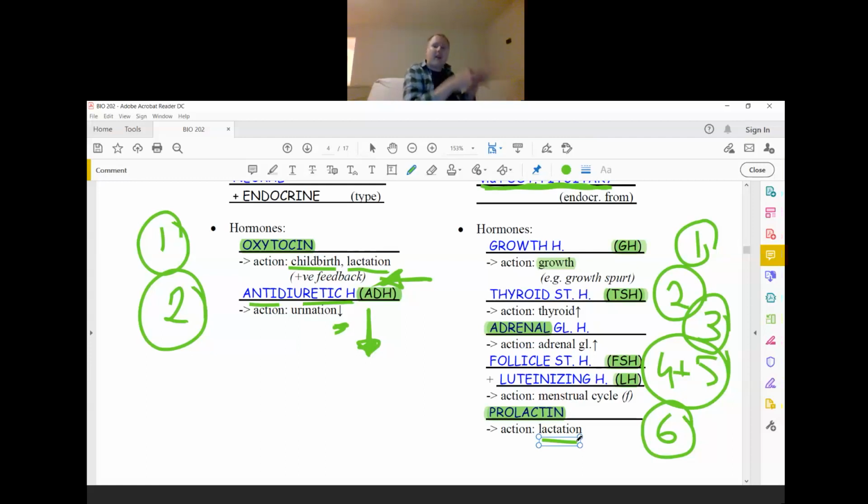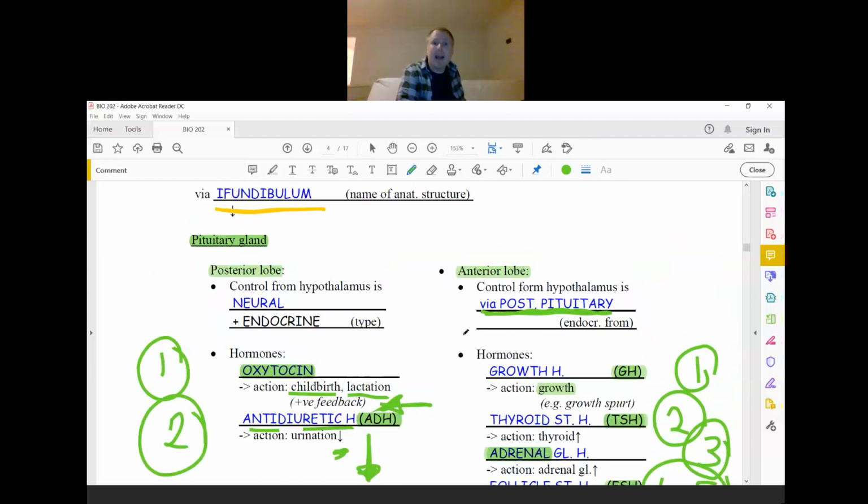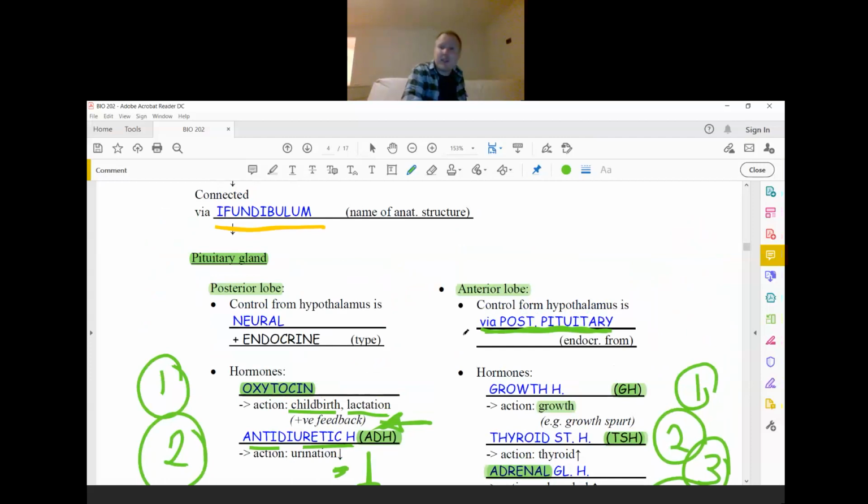So you'll see that rarely, if it's an important process, are we dependent on only one single hormone. Often, if it's something that's important for us, we have a few different hormones that act on that or add to that. So those were the hormones of the pituitary gland.